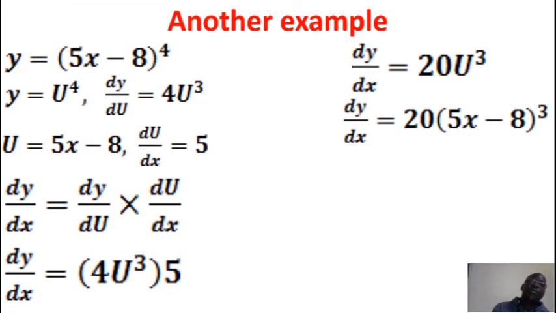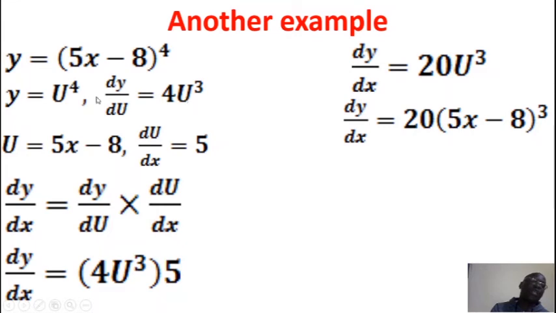Carry on. Another example. We are given y to be equal to (5x minus 8) raised to power 4. We can easily put u for 5x minus 8. We therefore say y is equal to u raised to power 4, meaning therefore that u is 5x minus 8. If we differentiate this, we are going to get 4u raised to power 3.